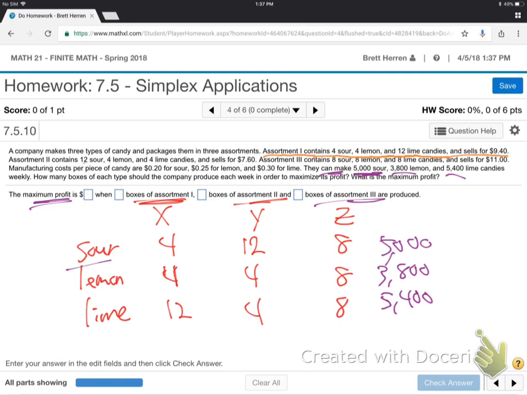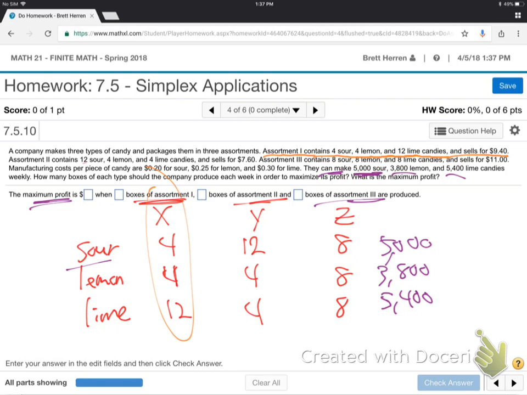So that means assortment 1 sells for $9.40. Now, that's not the profit. That's how much they sell it for. And what they're asking me to do is maximize profit. That's the trick on this one. How do you know how much, when they sell a box of assortment 1, let's just do one box.